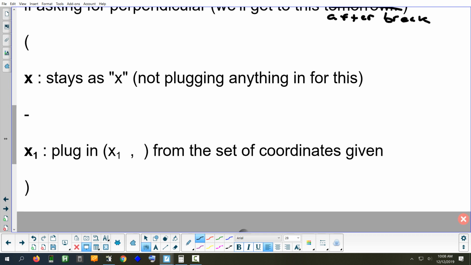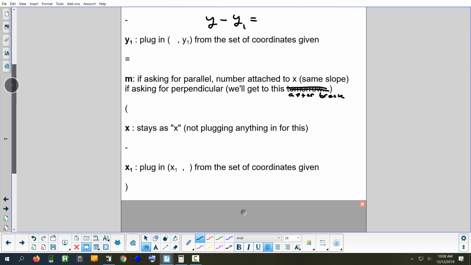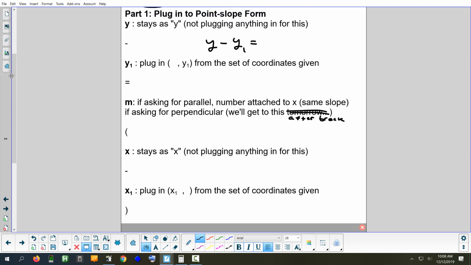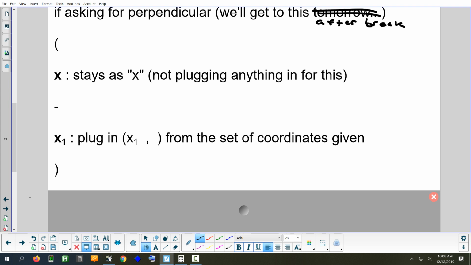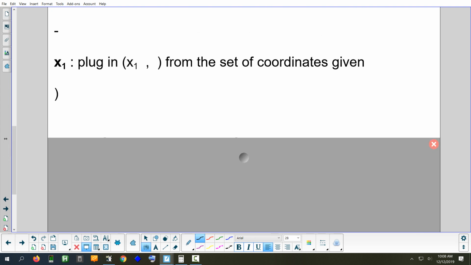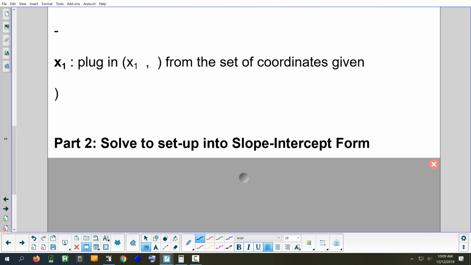You got to close that parenthesis, and then you're done. And doing all of those steps right there gives you what form? Point slope.